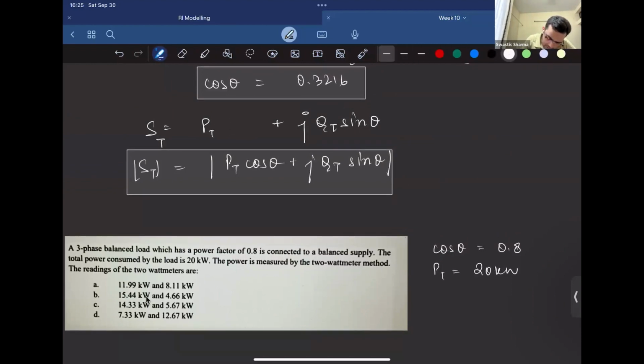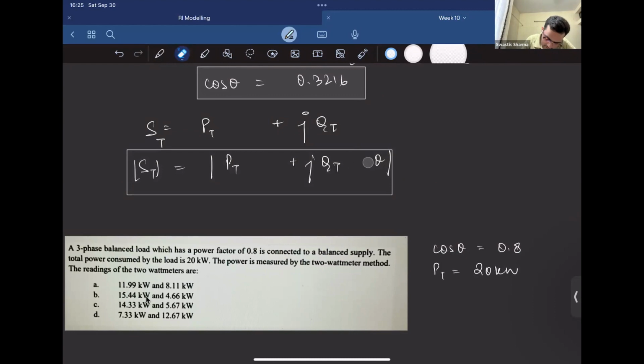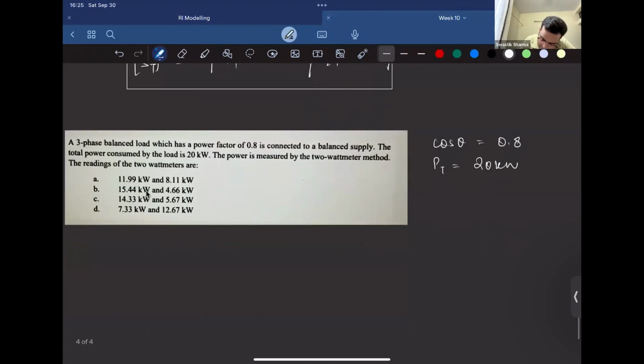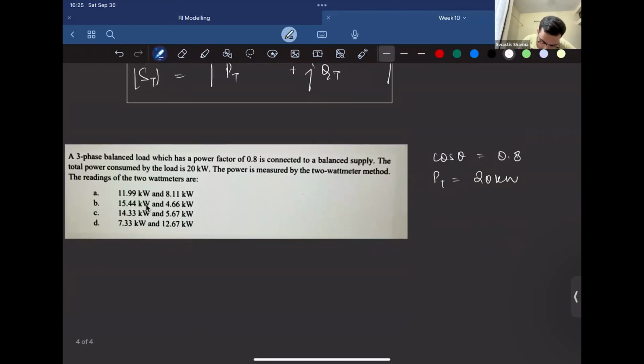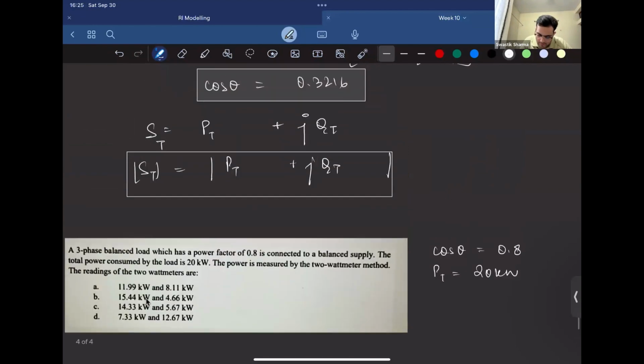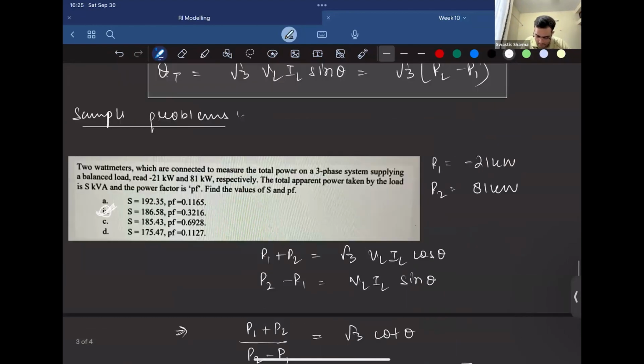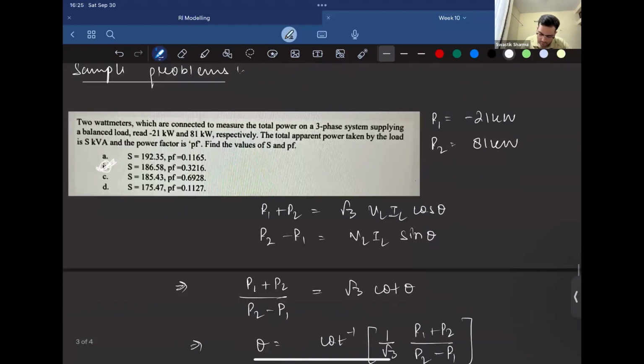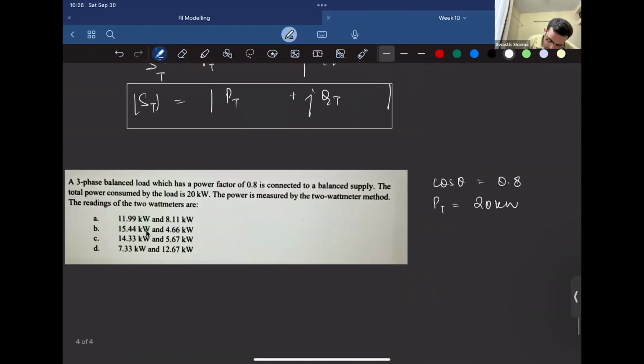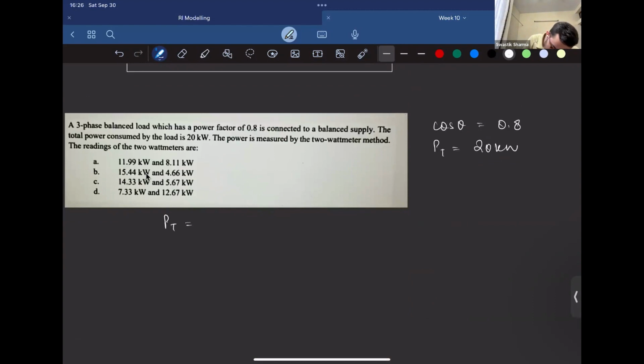The power is measured by the 2 wattmeter method. The readings of the 2 wattmeters are asked. Okay, so we can use these two equations, one to calculate cos theta and the PT equation, to calculate this whole thing. Let's do it. So we know PT is what?